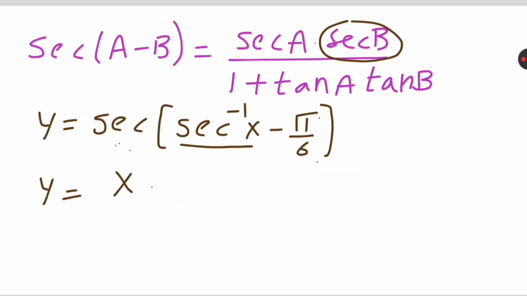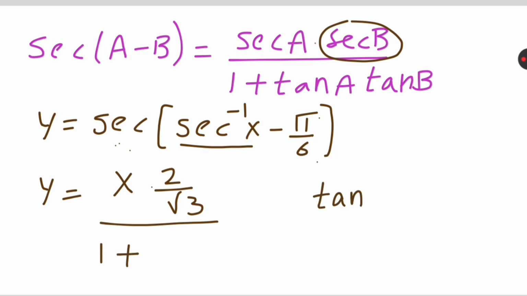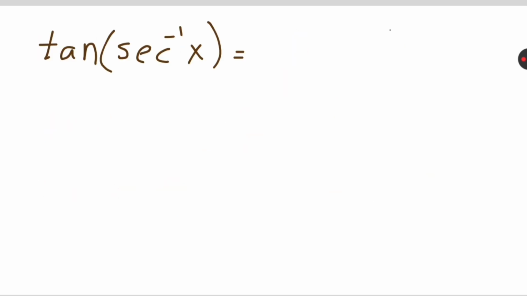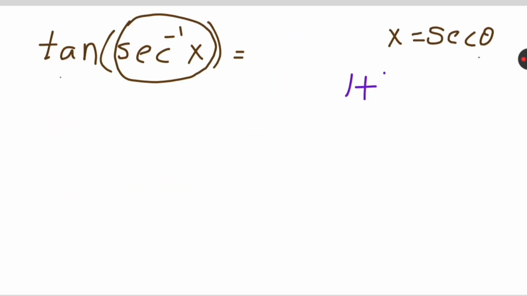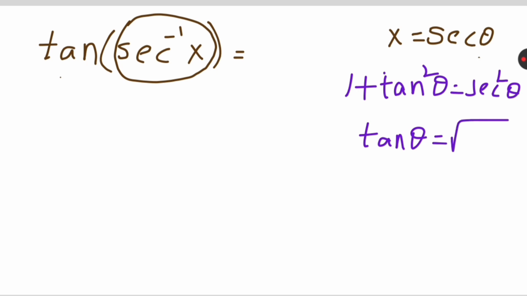So let's write 2 over root 3 over 1 plus tan a, that means tan a is nothing but secant inverse of x. At the starting we considered x as secant theta, isn't it? 1 plus tan square theta, that is equal to secant square theta. From here we found that tan theta is square root of secant square theta minus 1, isn't it? So square root of x square minus 1, that is tan theta.